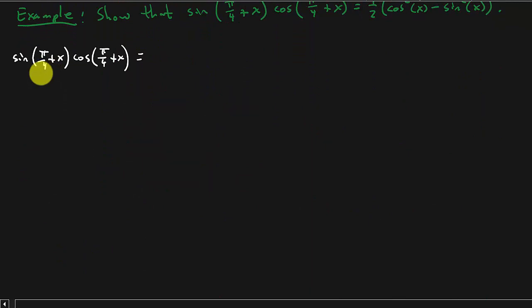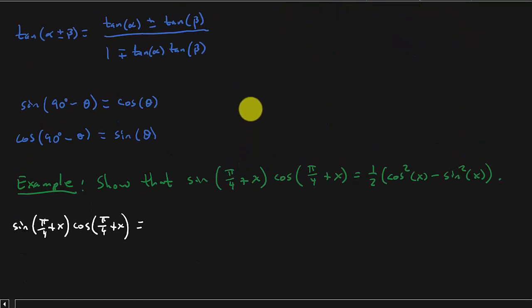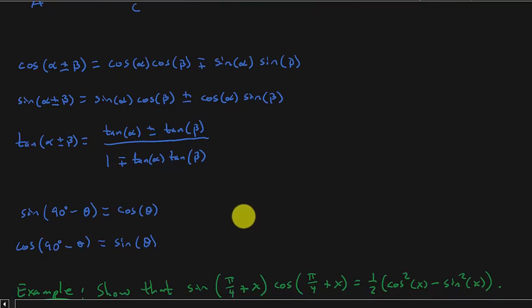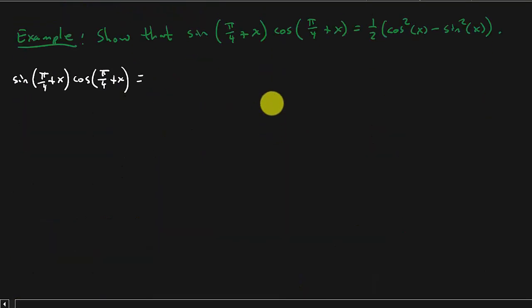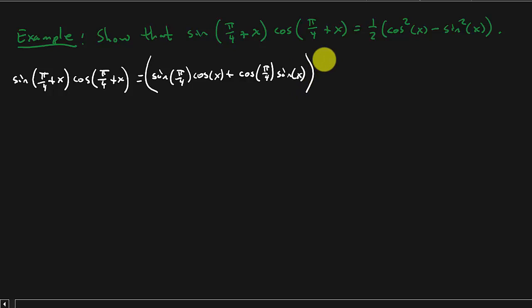Okay, so let's expand this one. We've got sine of pi over 4 plus x, so we're using the top one. So that's going to be the sine of pi over 4 times cosine x plus cosine of pi over 4 times sine of x. Okay, that's the first one here. Let's put that in parentheses.